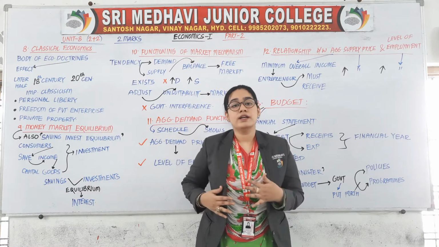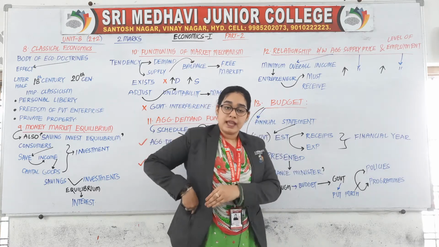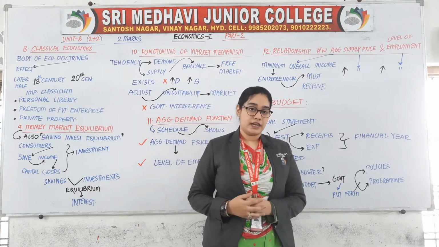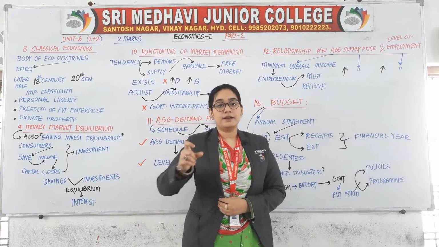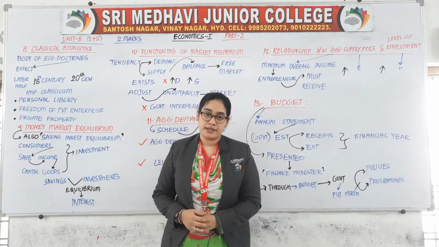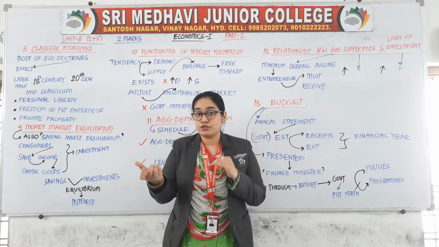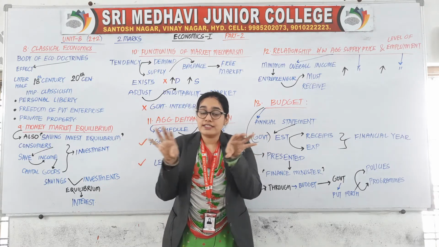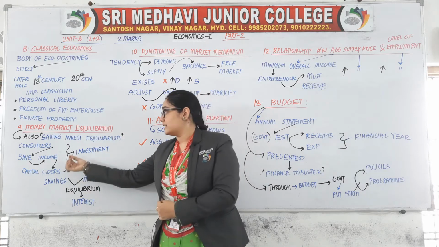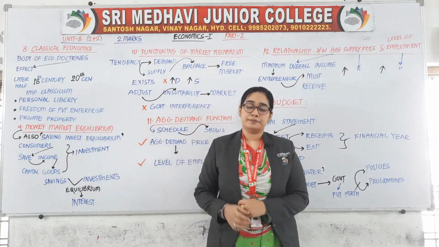Whenever a consumer saves some money and spends it on capital goods, that is termed as investment. So saving is also known as investment, and because of this reason the name is saving invest equilibrium.